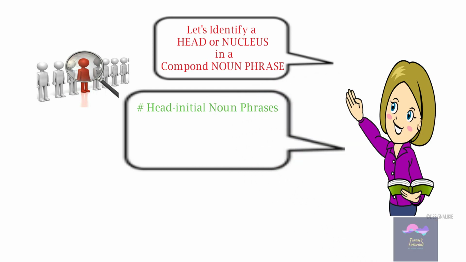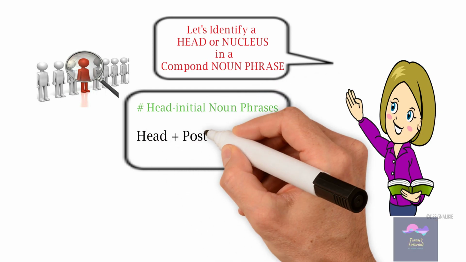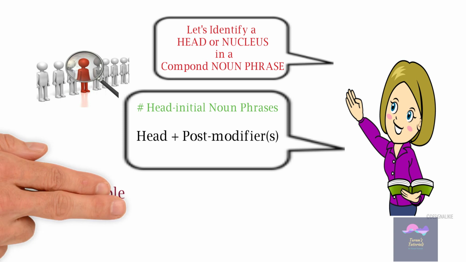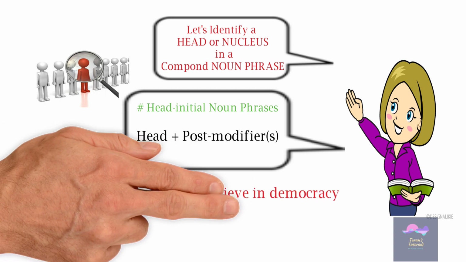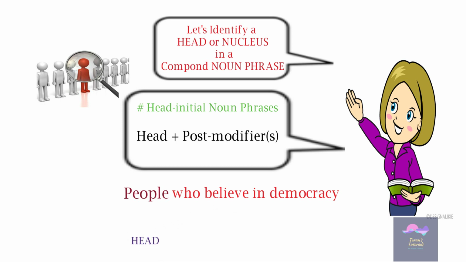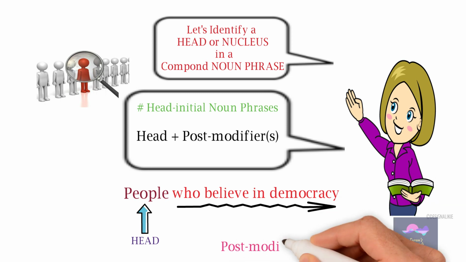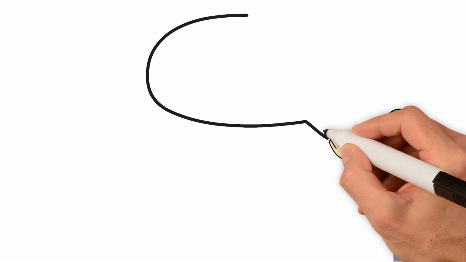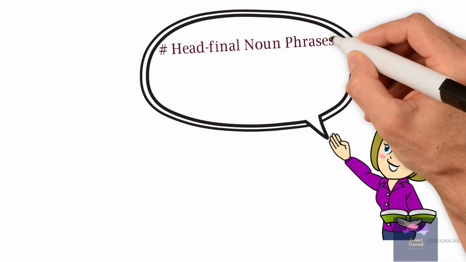In the head initial noun phrase, the head is followed by the post modifier. For example, people who believe in democracy. Here, people is the head or the nucleus of the phrase, and the clause who believe in democracy is the post modifier. In head final noun phrases, the head is preceded by pre-modifiers.